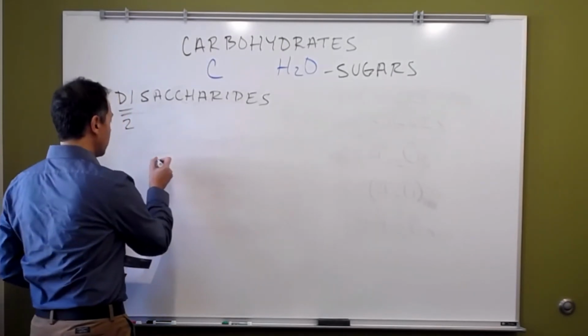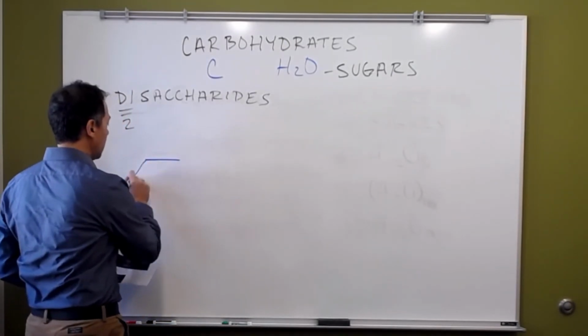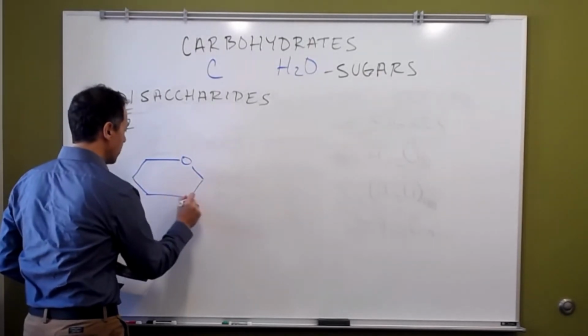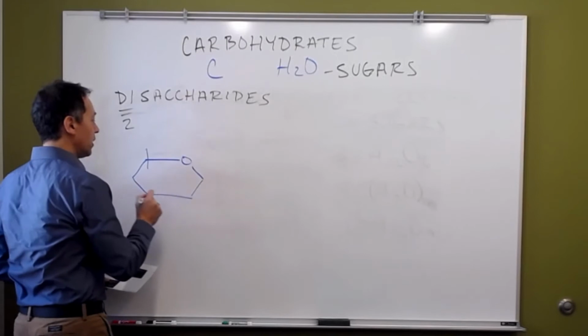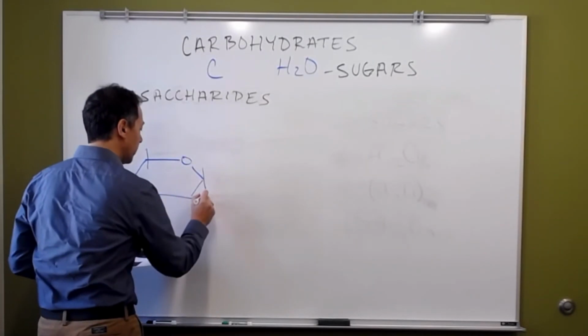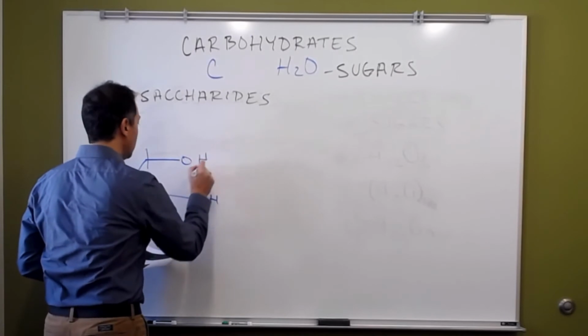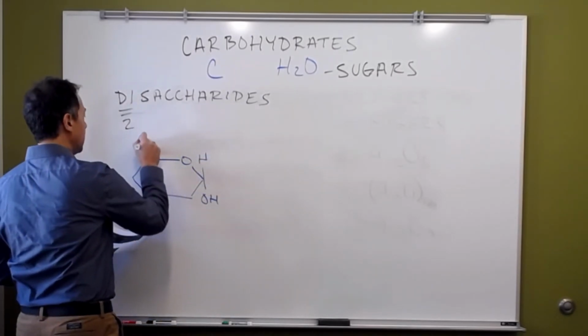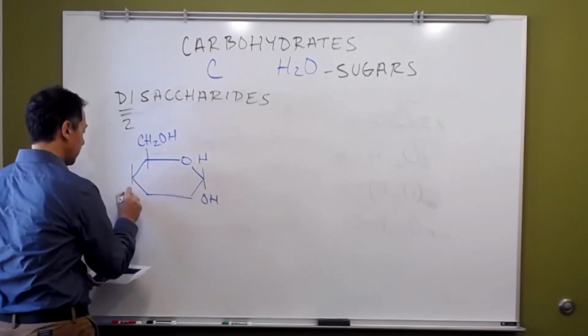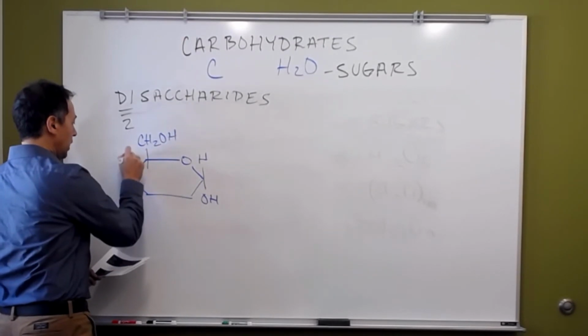I'm going to draw a basic outline of a monomer, with an OH like this, and then CH2OH up here, OH and H like that.